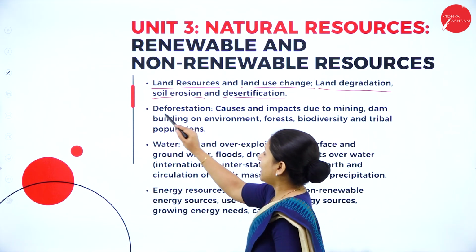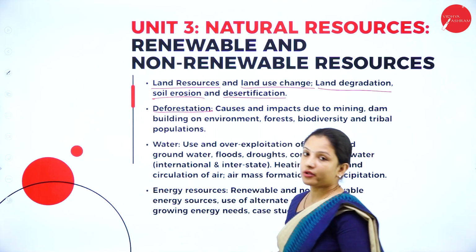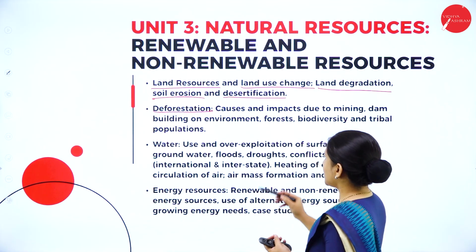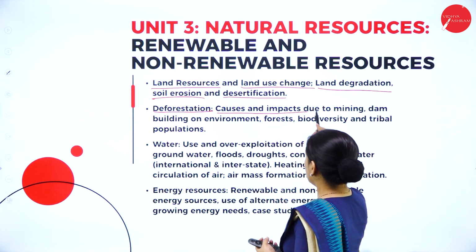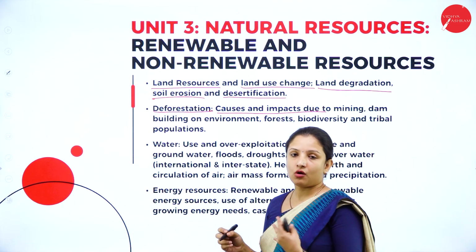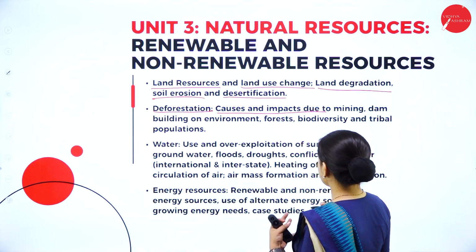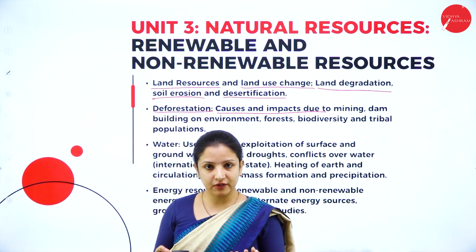We also have a topic wherein we need to study about deforestation, which is nothing but cutting of trees. If deforestation is done, what all will it impact on the human population, or the ecosystem? We need to know about the causes of deforestation.